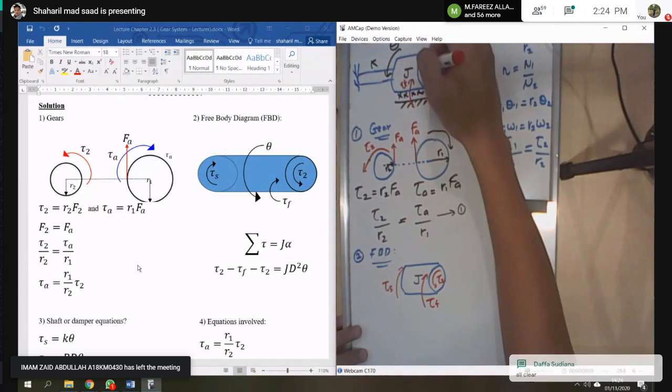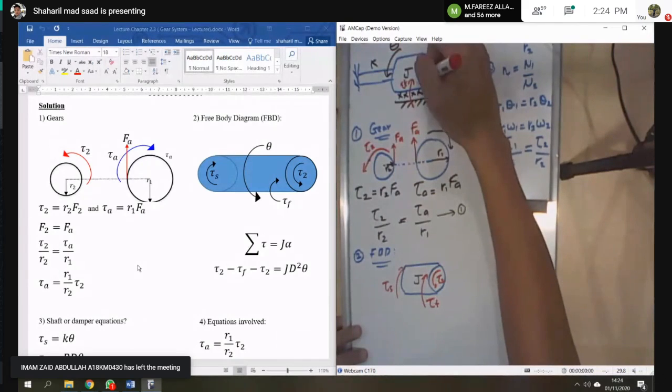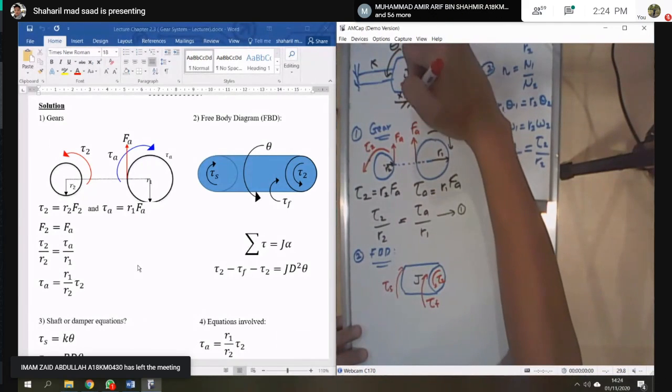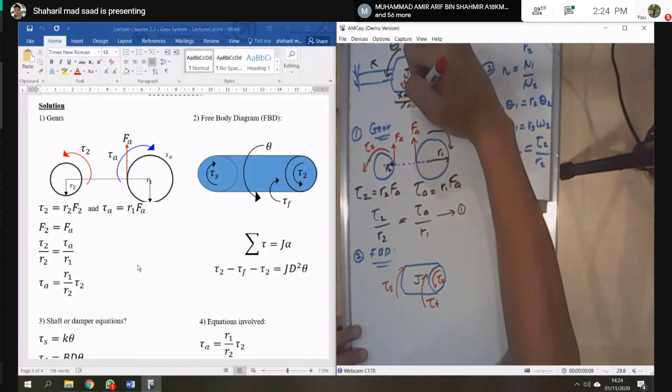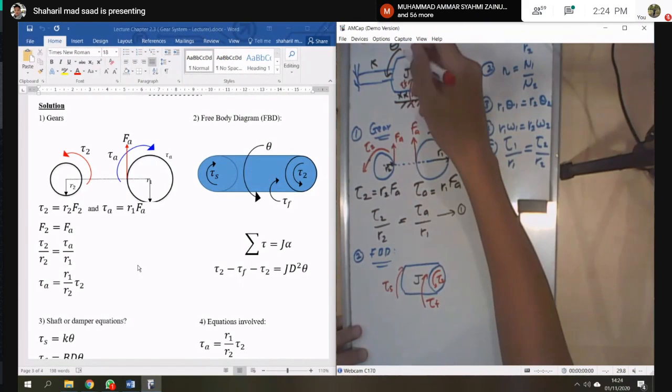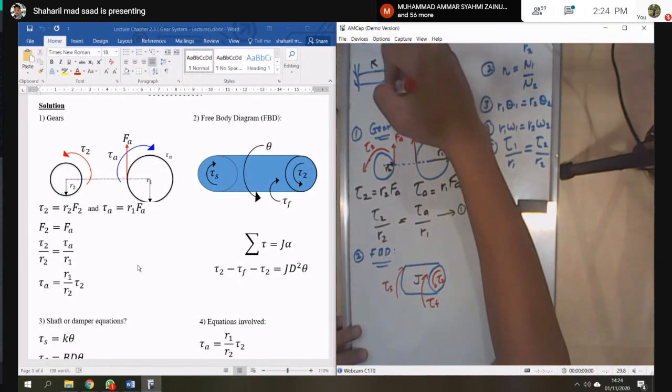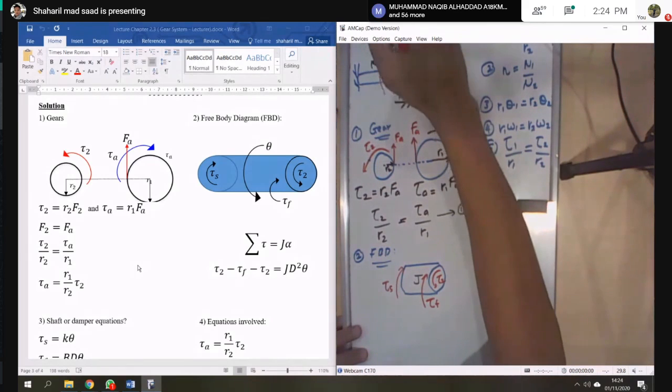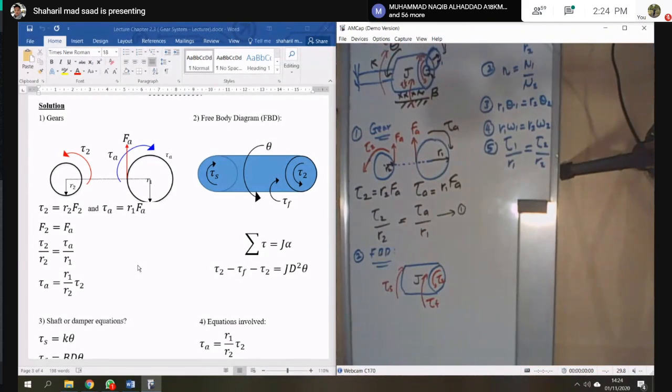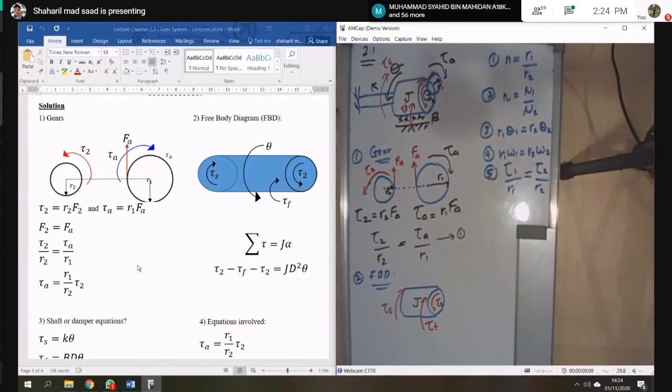After this torque is applied, you will have the torque from the friction, which will fight back, going up. And also the torque applied here is the shaft torque, TS. Now you will have the summation of torque equal to J alpha, with going down as positive. Why do I choose this?